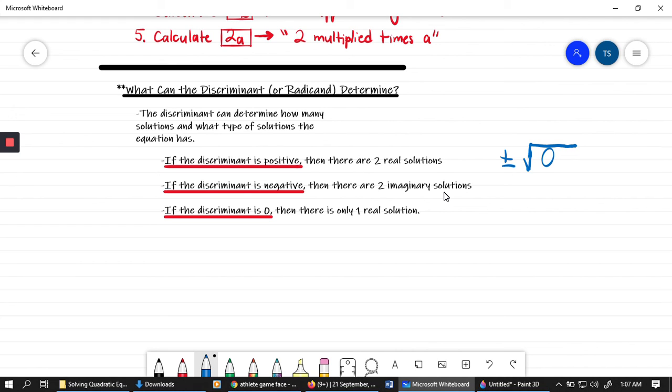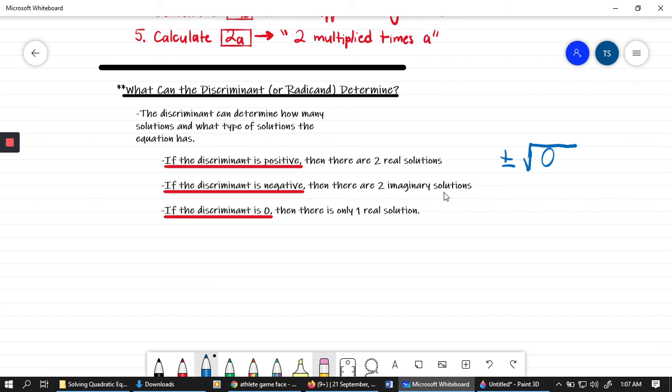So if the number was already a real number, adding 0 or subtracting 0 from it, there's only going to be one real solution, because the plus or minus 0 doesn't give you any other options. Adding 0, subtracting 0, it leaves the number the exact same.